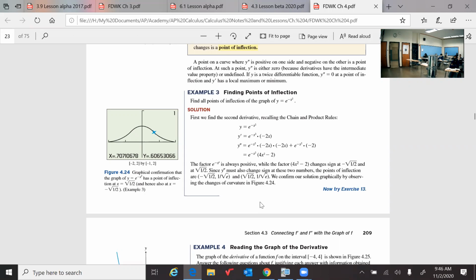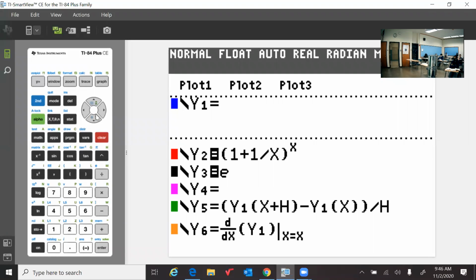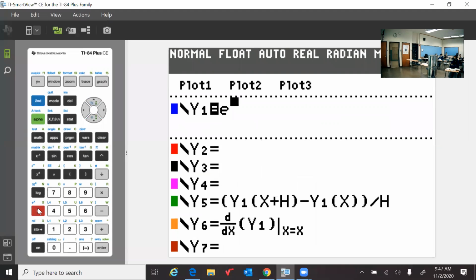So the derivative, all we really care about, well, let's put the whole thing. So we go over here and we say, go to y equals, and I'm going to type the equation. Second derivative, which was e to the negative x squared times 4x squared subtract 2.